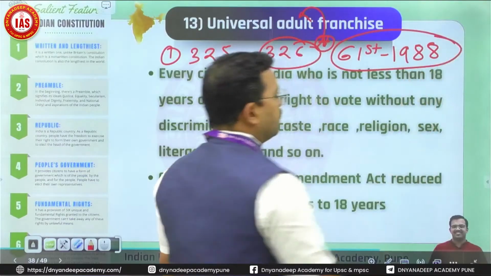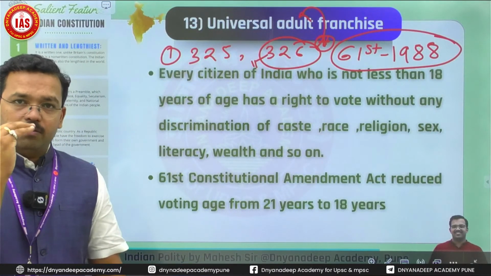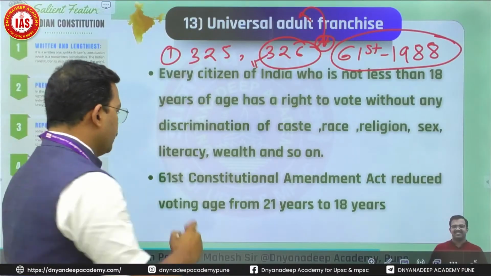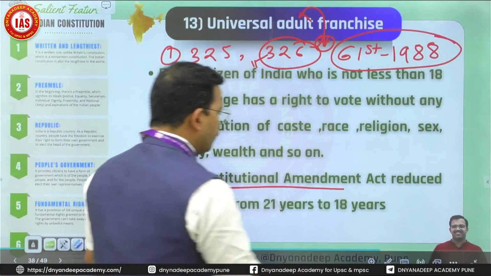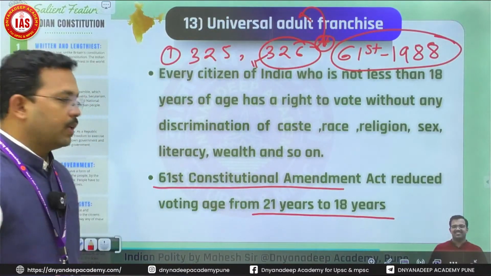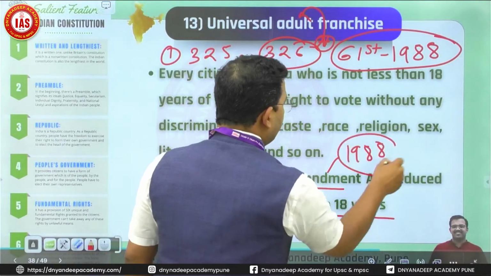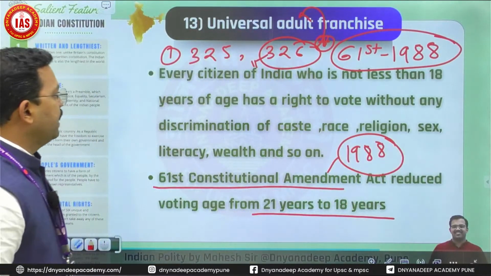It reduced the voting age from 21 years to 18 years. This is important. It was in 1988, and implementation started in 1989.